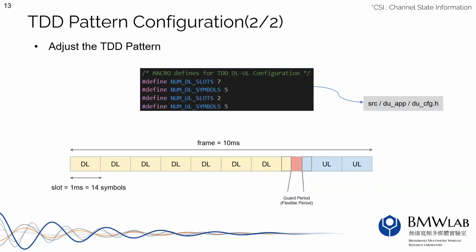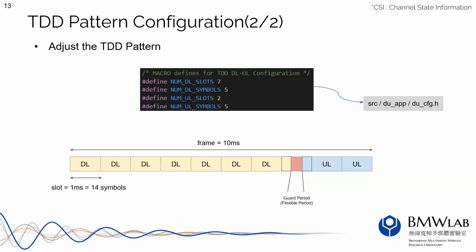Oh, I know what you mean, because I have seen that in the LTE TDD pattern, but in the 5G pattern I'm not sure, because for this configuration file, it can only adjust like this. So this part, I'm not sure. Okay. So it's just for a frame, the whole frame, right? Yes. Okay. Thank you.